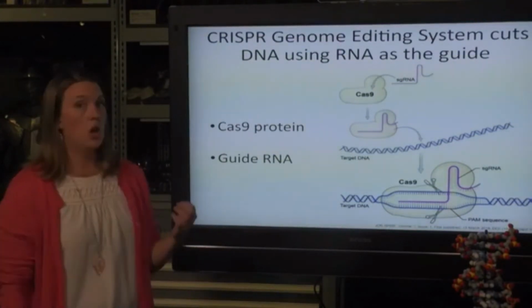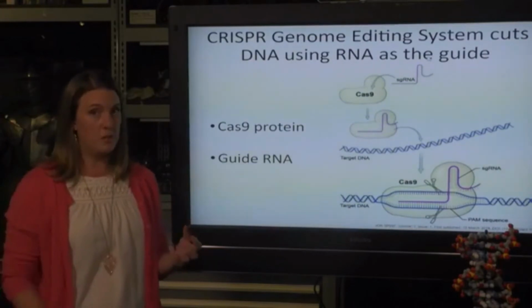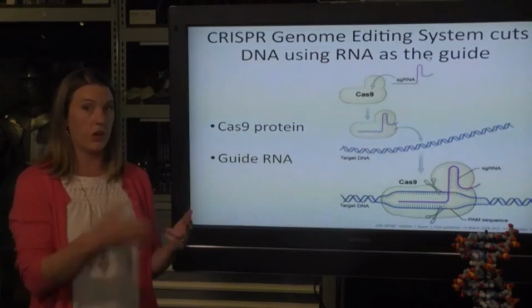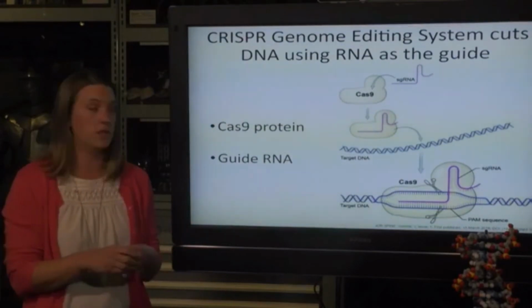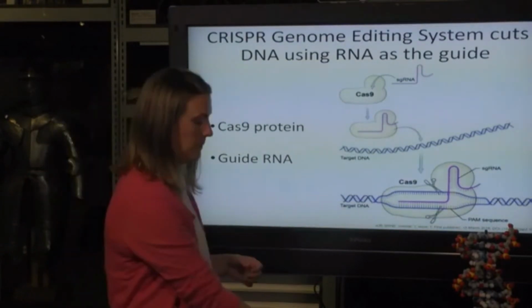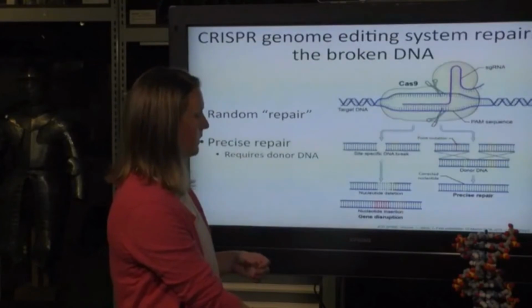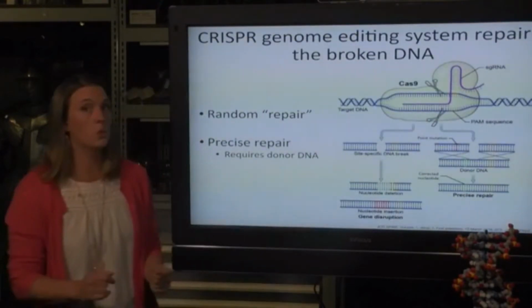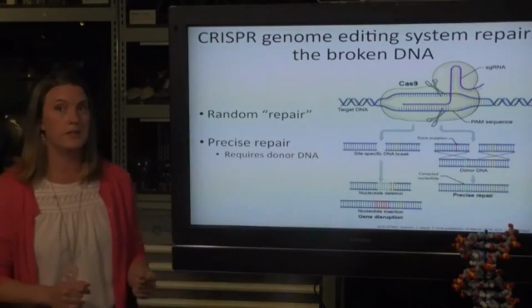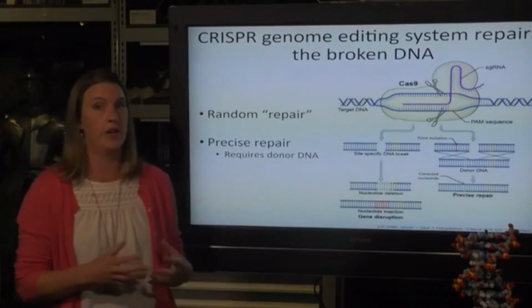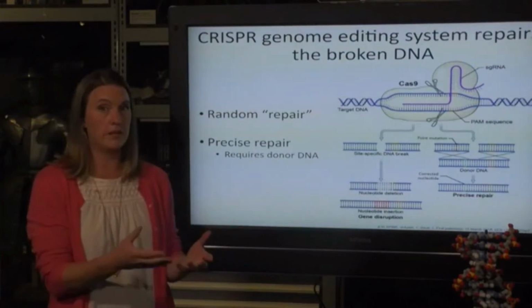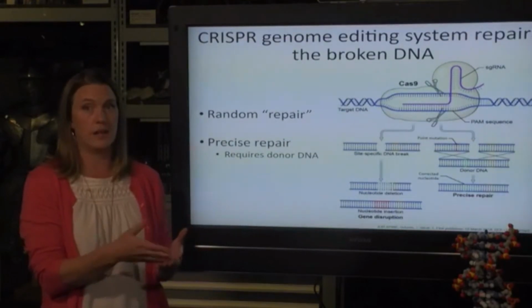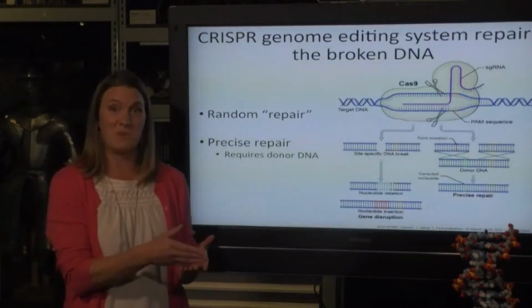So we call this protein mediated because that's the scissors, and it's RNA guided because the RNA molecule is telling the Cas9 protein where to cut. All right. So where we've left off so far is that the Cas9 and the guide RNA come together, find the target place in the genome that is designed to be edited, and it cuts there.